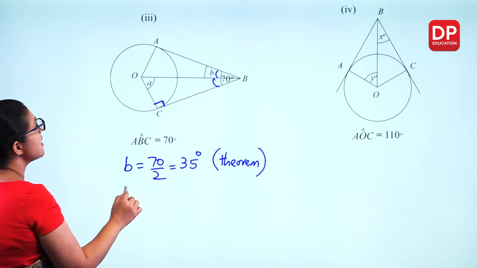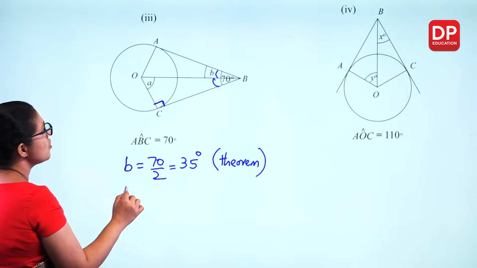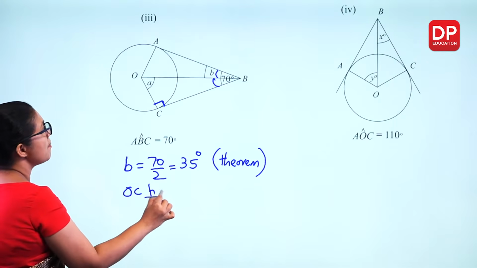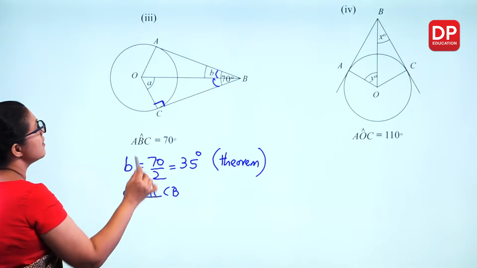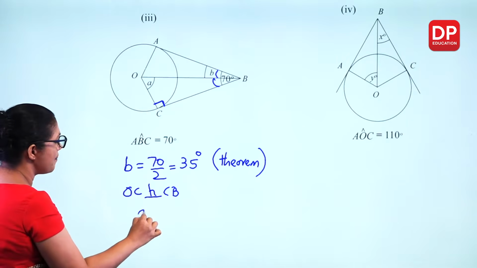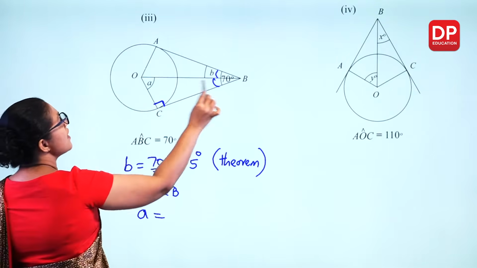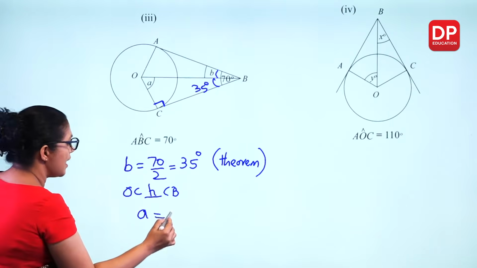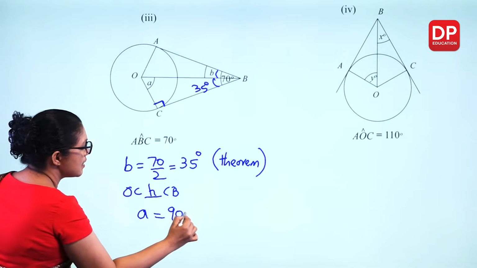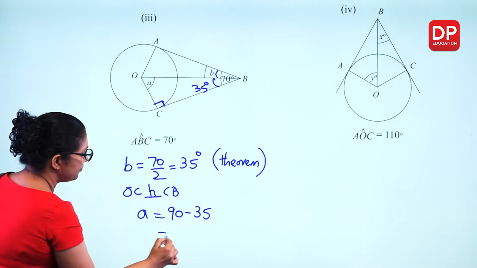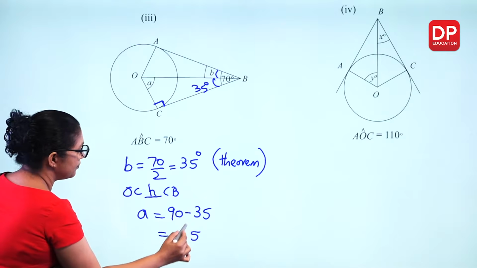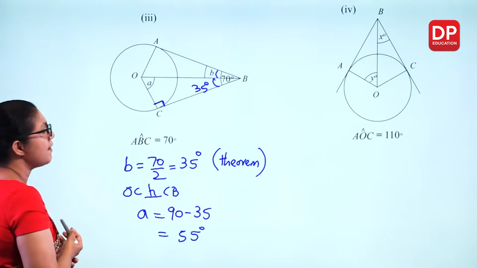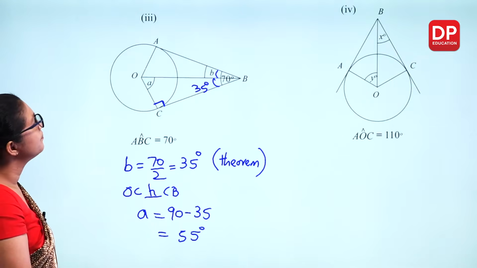The radius is perpendicular to the tangent. OC is perpendicular to CB. So therefore, what's A? When you take this triangle, this is 35. So A is 90 minus 35. So 55 degrees.